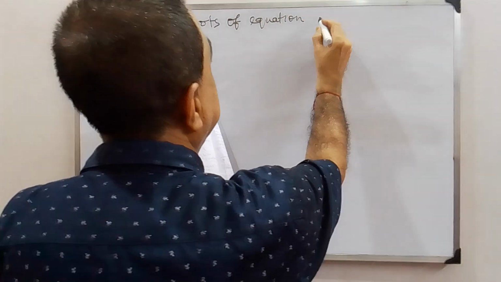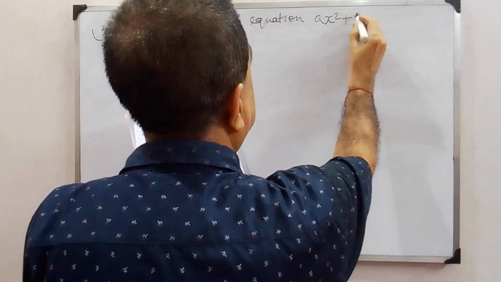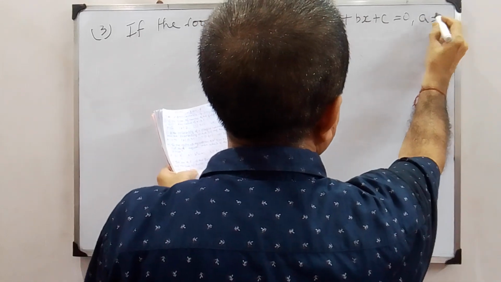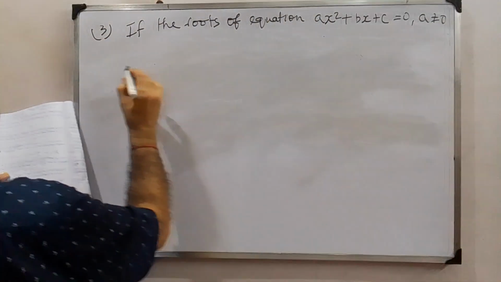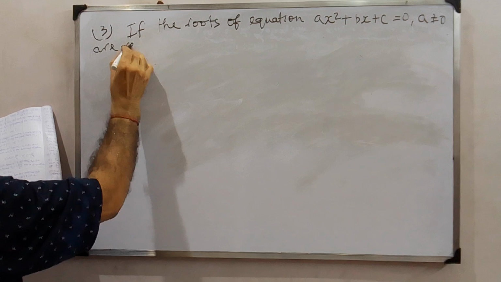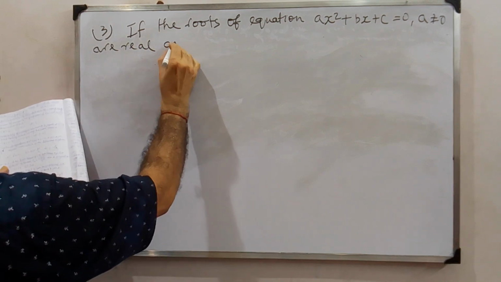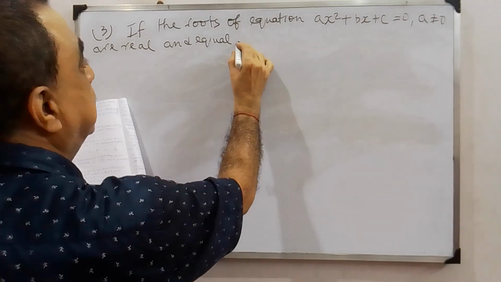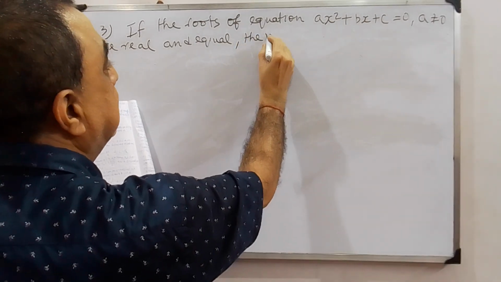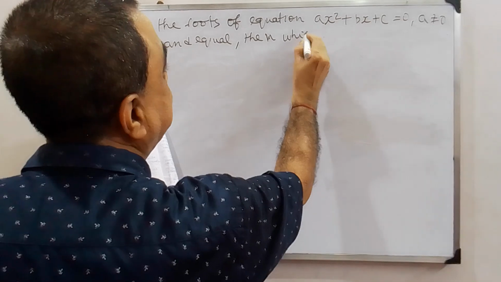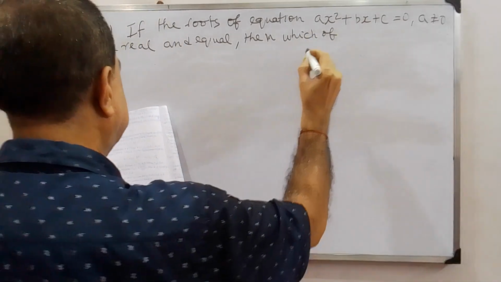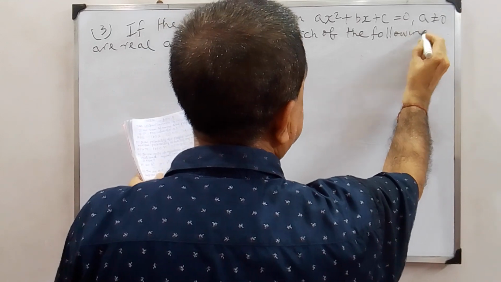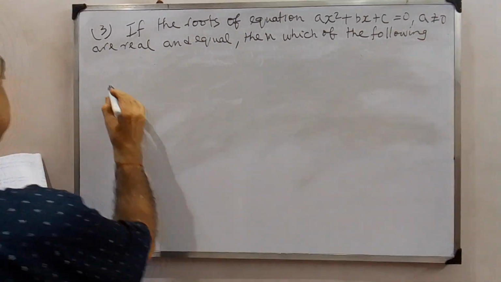ax squared plus bx plus c equals 0, where a is not equal to 0, are real and equal, then which of the following relations is true?